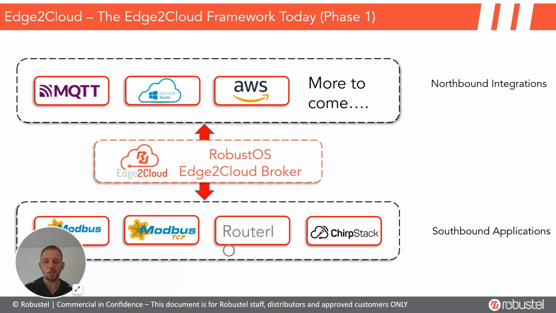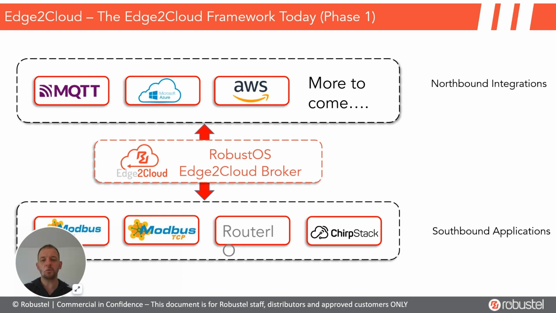So router IO, and in the latest gateway, we also have ChirpStack. So we can take LoRa, Modbus, general IO, and other protocols such as BLE and Siemens S7 are already coded, just not in full production.